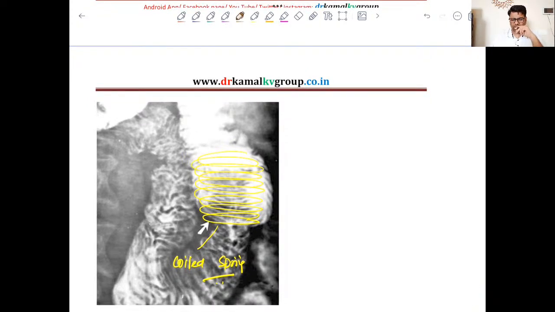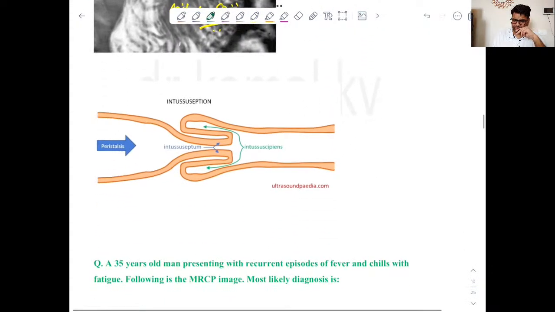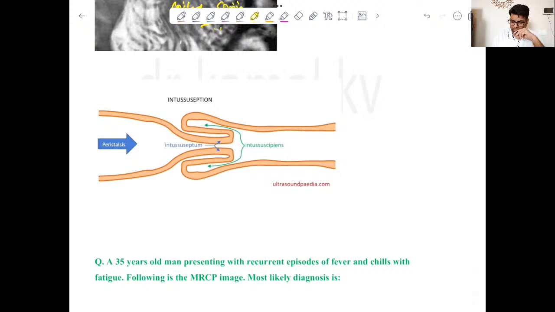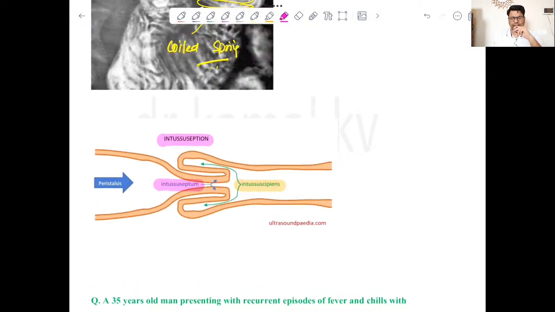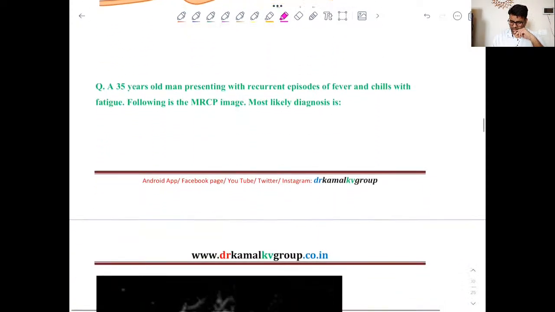You can also see a target sign, or you can also see the claw sign. These are some other keywords which are very much indicative of intussusception. So this is what intussusception is. There is an outer tube which is known as the intussuscipiens, and there is an inner tube which is known as the intussusceptum. So quite easy to identify. Next question.